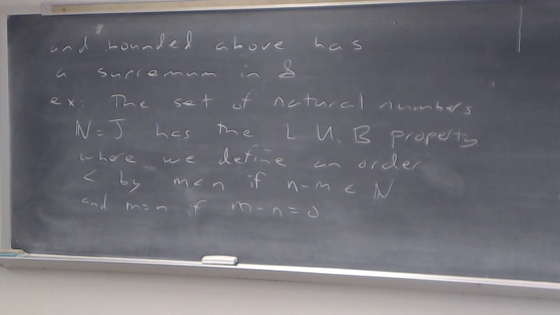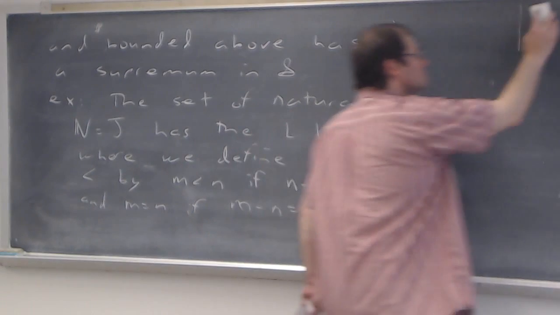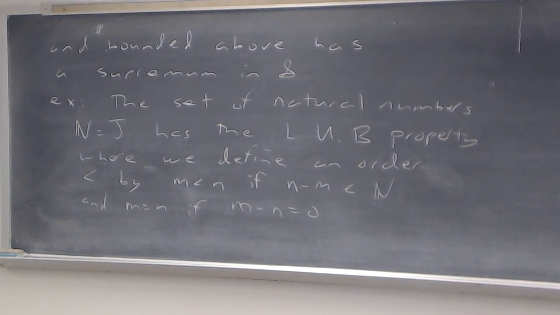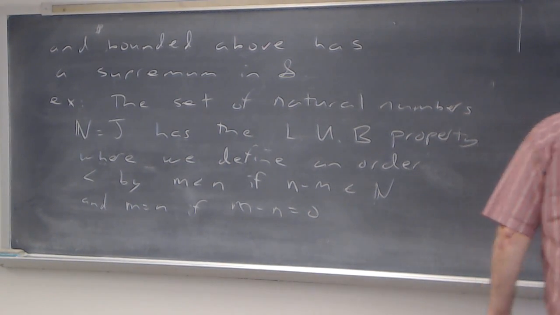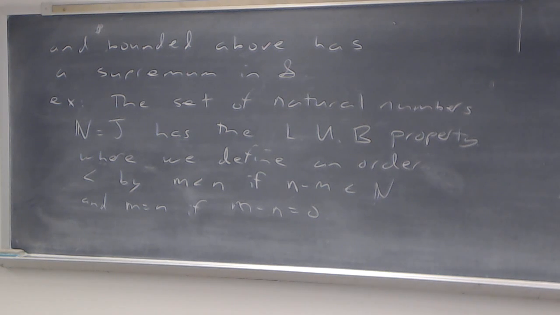It seems kind of maybe a likely thing to think that every type of ordered set would have the least upper bound property, but it's not true. As a matter of fact, the set of rational numbers does not have the least upper bound property.